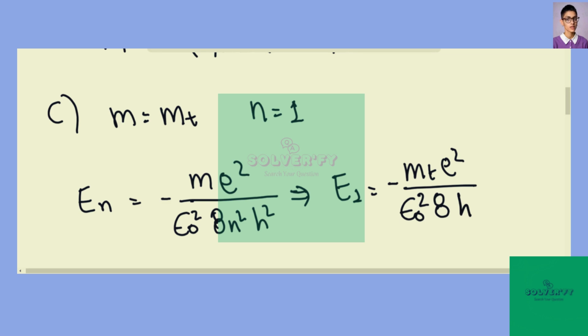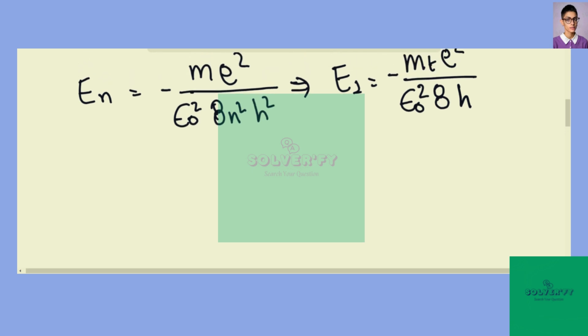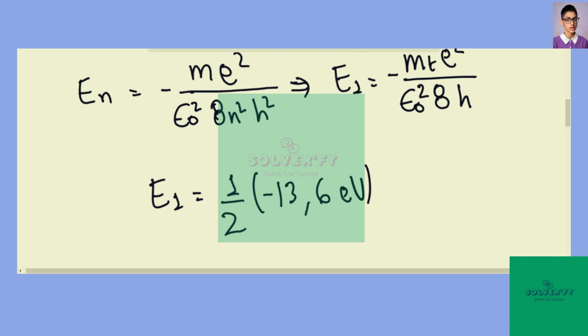This corresponds to one half of the ground state energy of hydrogen, which is a known value of minus 13.6 electron volts. When we multiply this by 1/2, we obtain minus 6.8 electron volts. So that's the solution for part C of this problem.